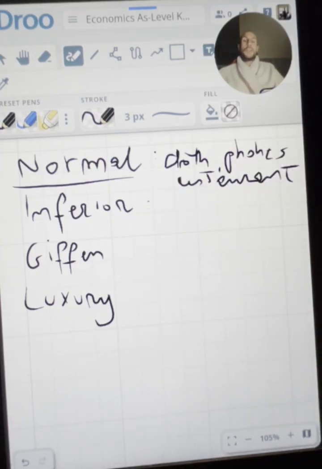What is an inferior good? An inferior good is something like a normal good, but of lower quality. What does it mean? Think about instant coffee or instant noodles.